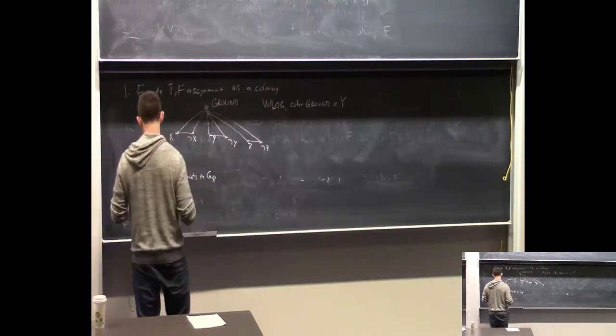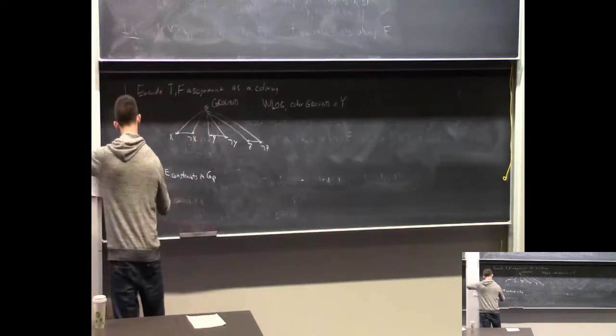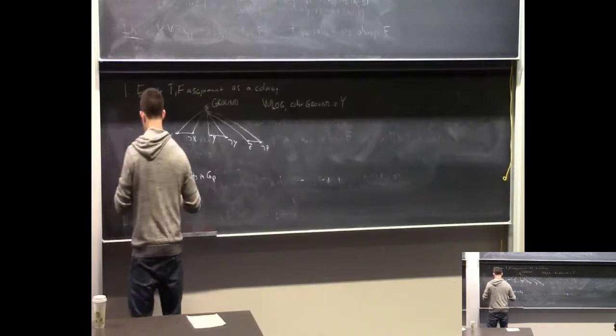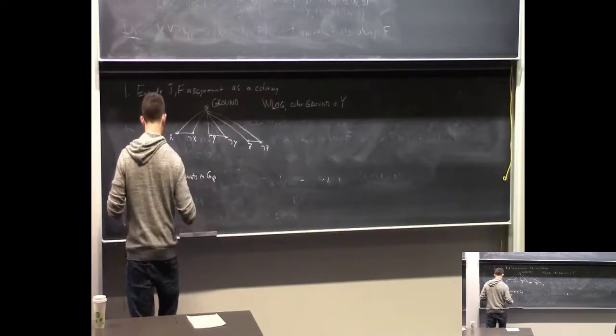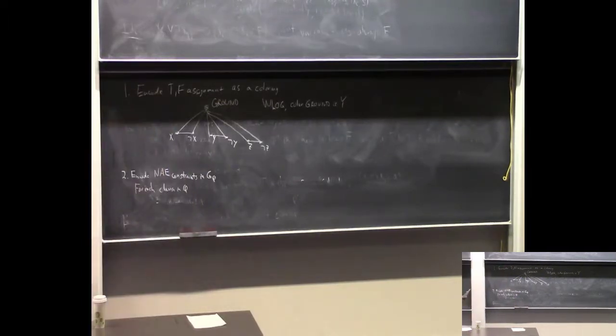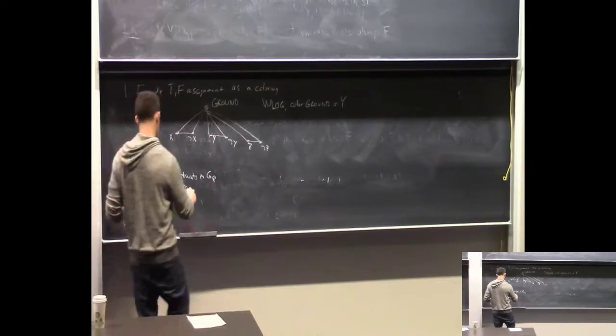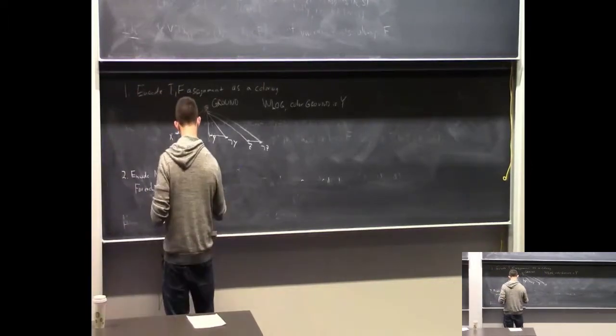And the way we're going to do that is, for each clause in our NAE-SAT instance phi, we're going to add something that's an example of what's generally called a gadget.